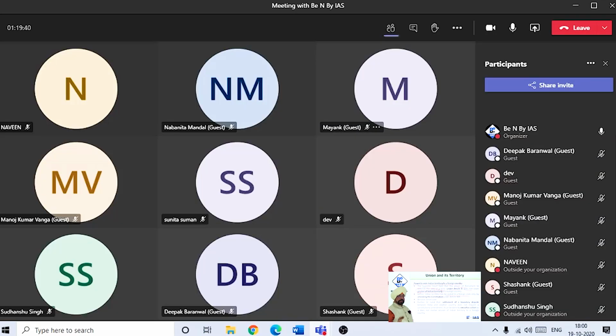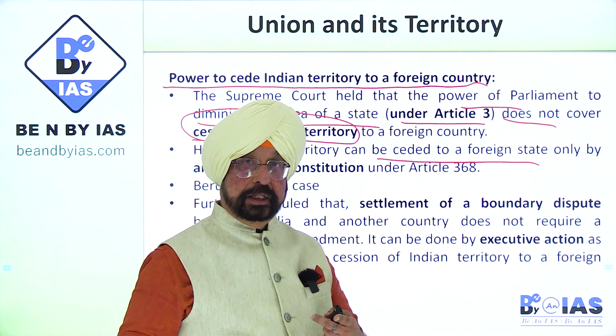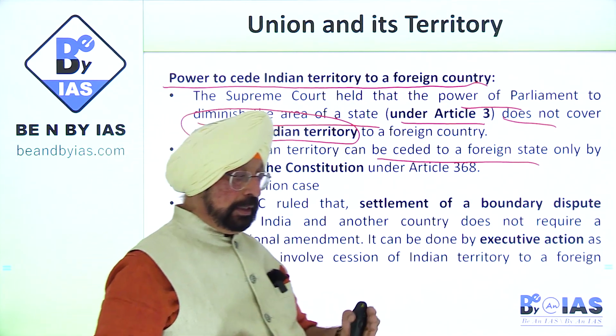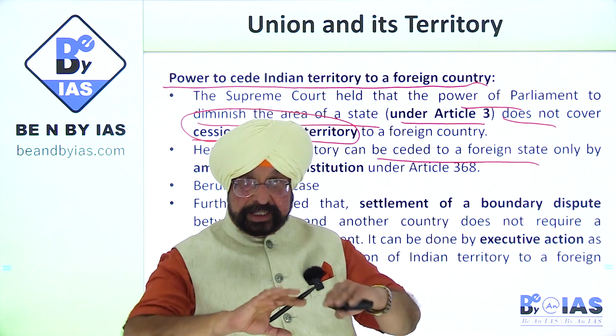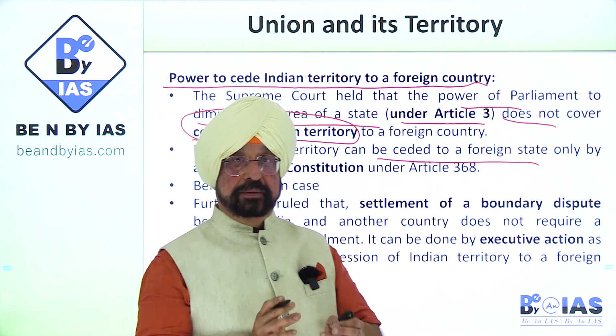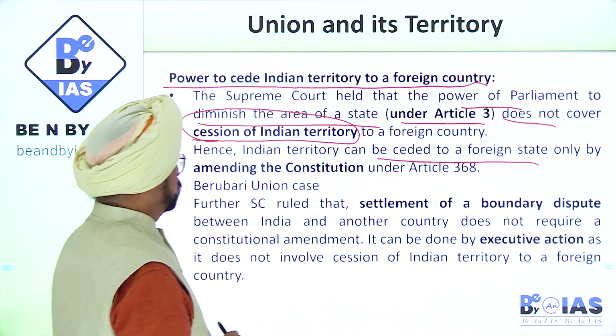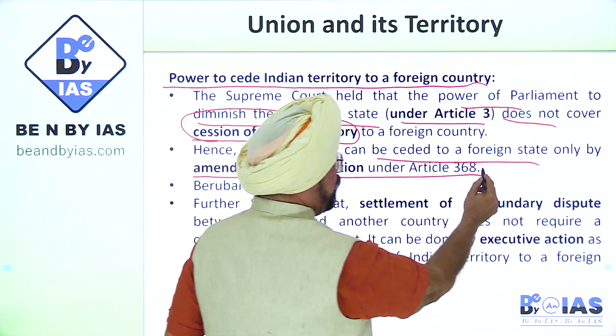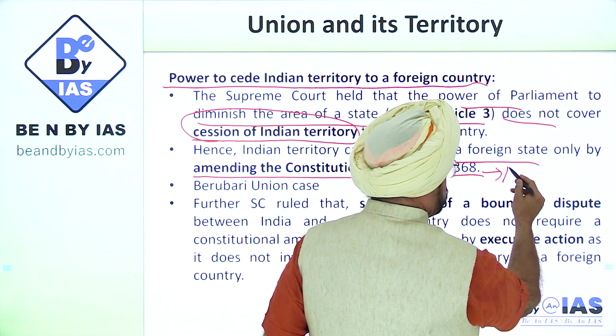But if because of any international treaty, some reorganization or readjustment of boundaries is required, in that case, the only way any part of the Indian Union can be given or readjusted is by way of amending the Constitution. So, where will the amendment be done? To the First Schedule.